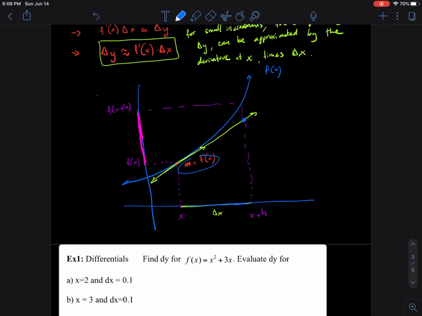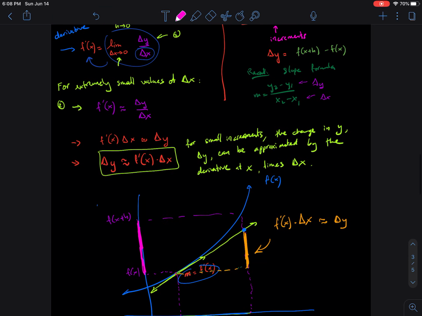So this distance here, I'm going to highlight that, maybe use orange. This distance in orange is our f prime of x times delta x, and that is used to approximate the delta y, which is the one in pink. That's hence why we have the approximation symbol.